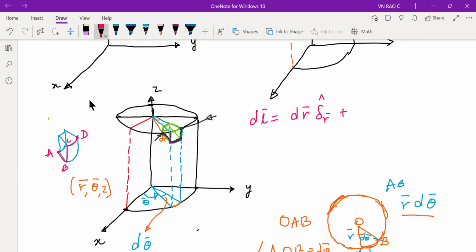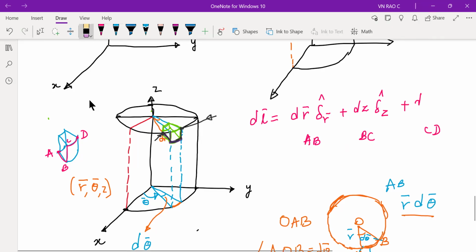R, theta, z, so now I should take theta next. We'll take BC. So this is the AB portion. Now the BC portion, then the CD portion. The BC portion should be dz, delta z vector, plus the CD portion.